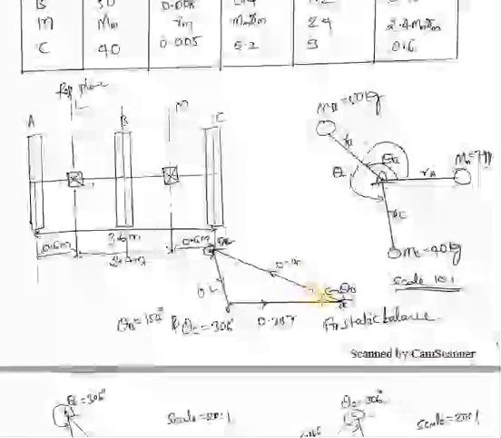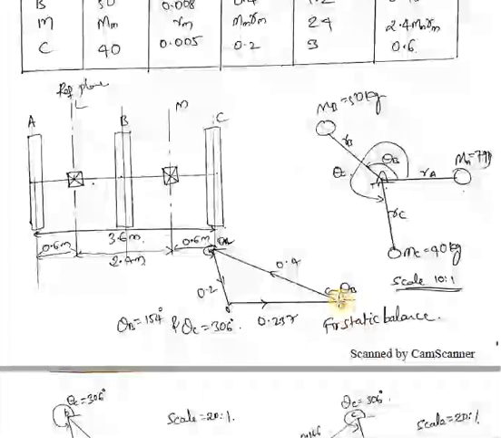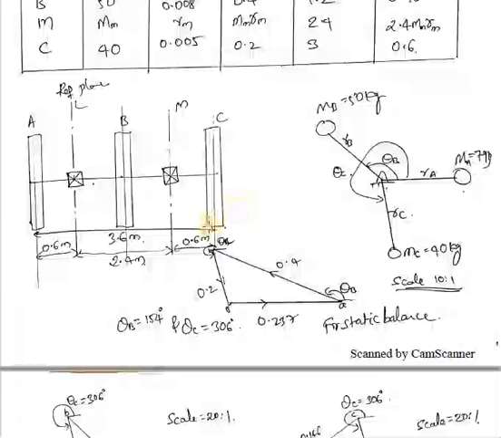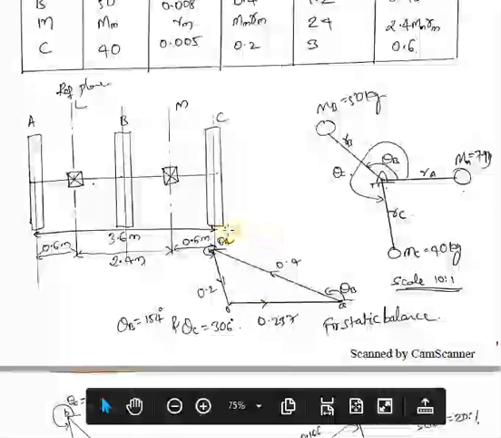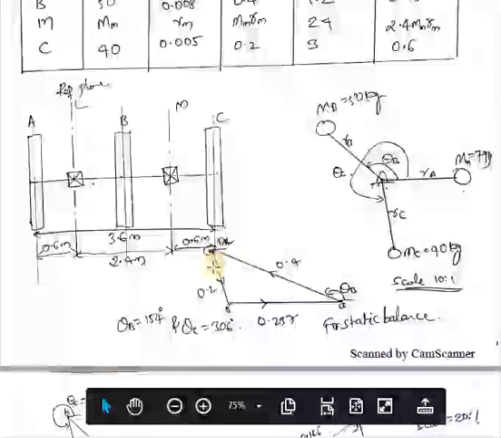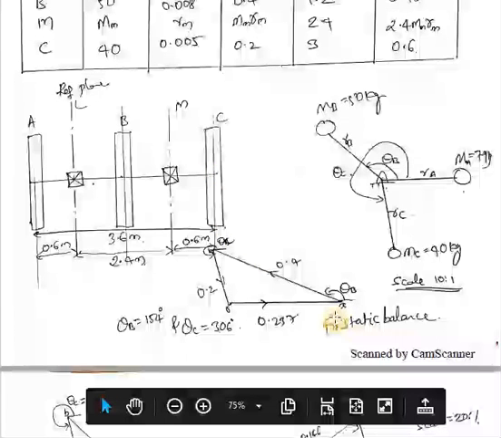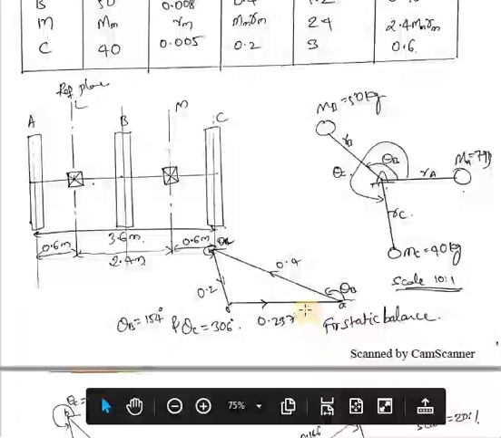So after A you have to consider B value. So take this A as center point and 0.4 as radius, draw an arc. Then take 0.2 as radius, O as center point, draw an arc to cut that previously drawn arc. So that you will get the point B. Then you join that intersection point to O and to A to get the complete force polygon.